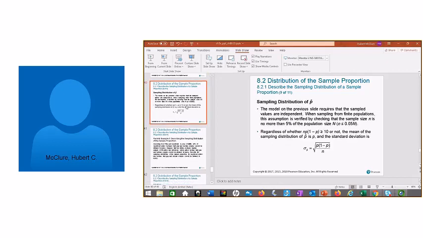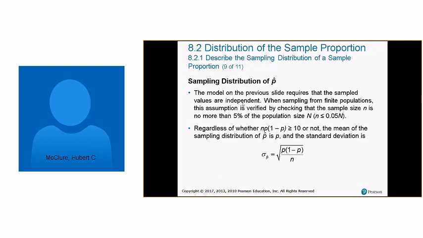Okay, here is another good slide. If you want to find the standard deviation of p hat, you need to check to make sure, right here, I'm sorry, the model of the previous slide requires that the sampled values are independent.